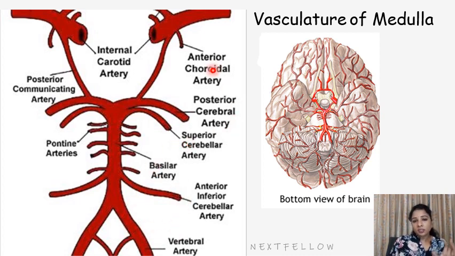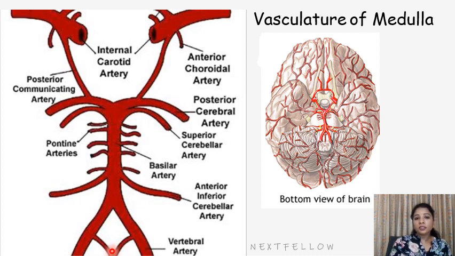So the vasculature of the medulla, I said already, is a little bit complex and dependent on each level of medulla being viewed, and the vessels that supply the medulla are mainly the anterior spinal artery, which is here, not labeled.